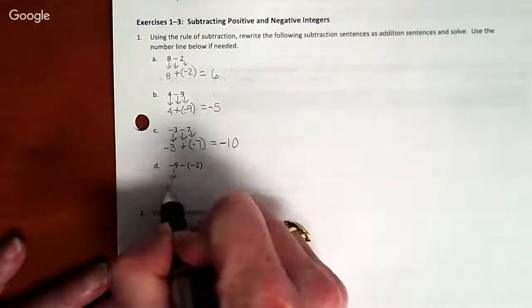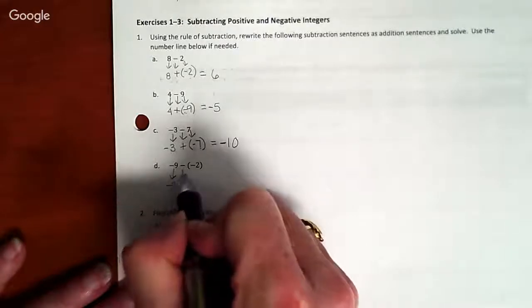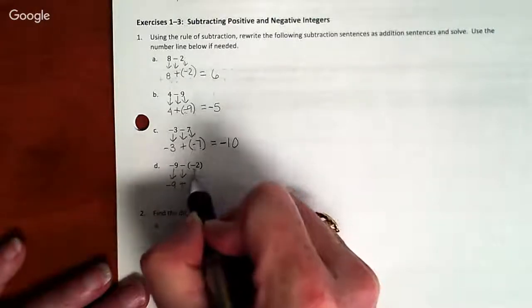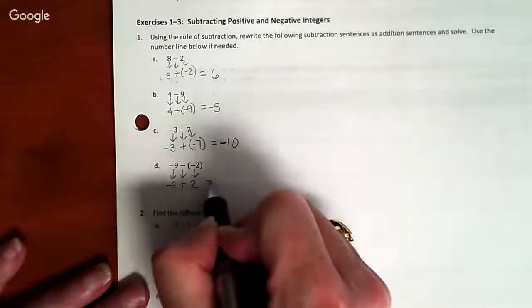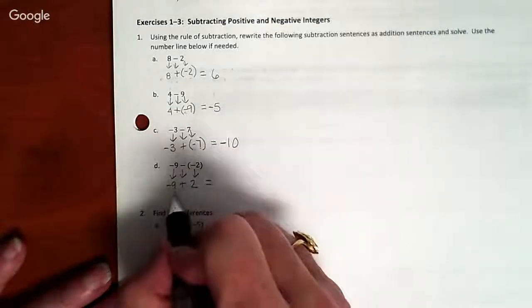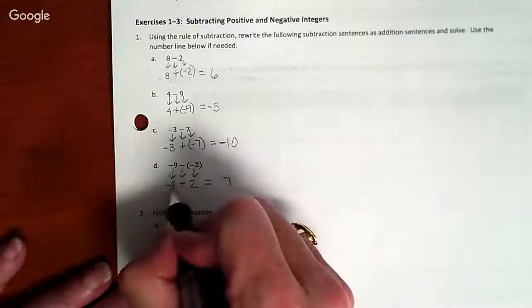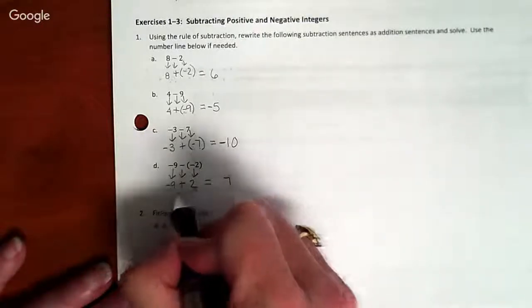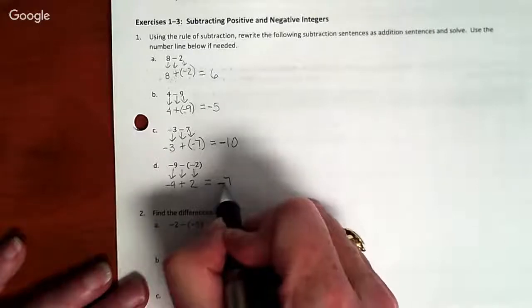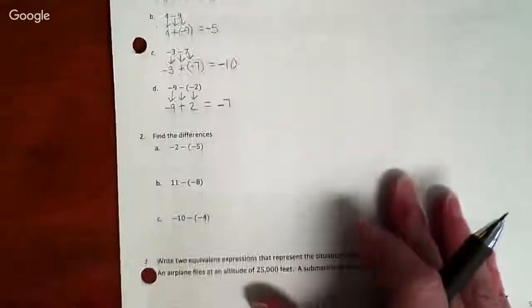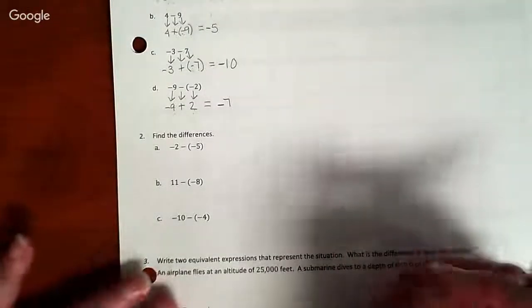So leave, change, change. 9 minus 2: signs are opposite, so I'm going to subtract the 2 numbers and get 7. 9 is bigger than 2. Its sign is negative. So is my answer.